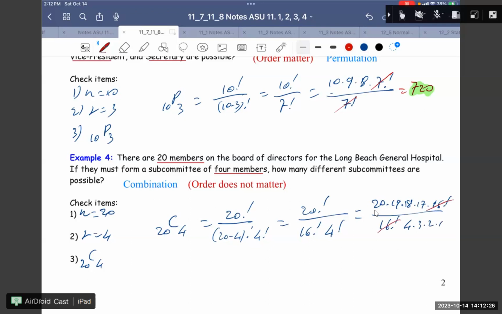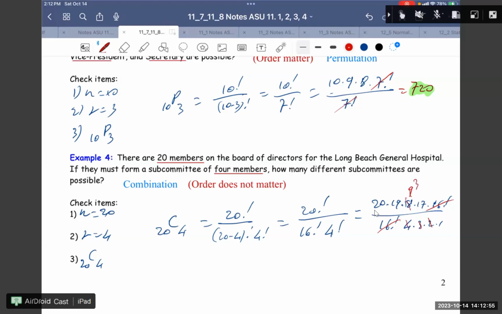And so we can reduce this. If we cancel 2, 18 becomes 9, right? Then 9 and 3 gives 3.